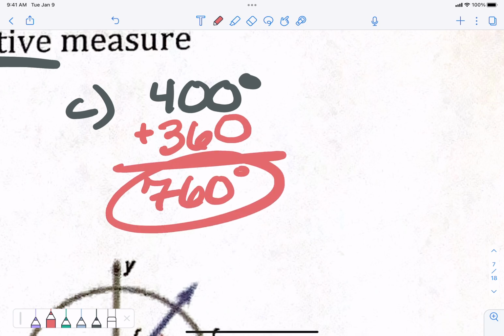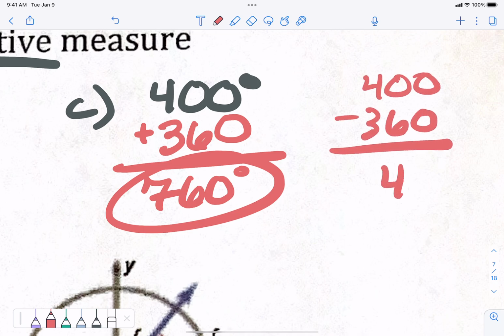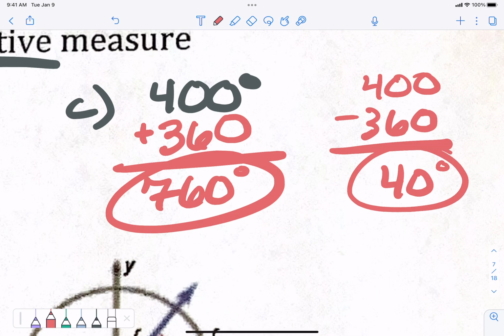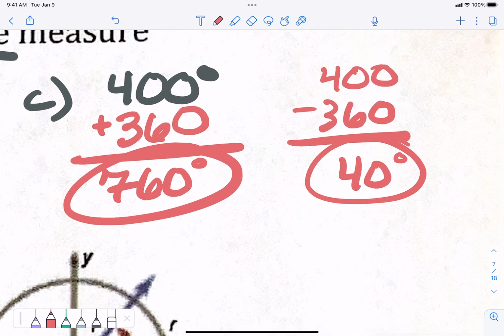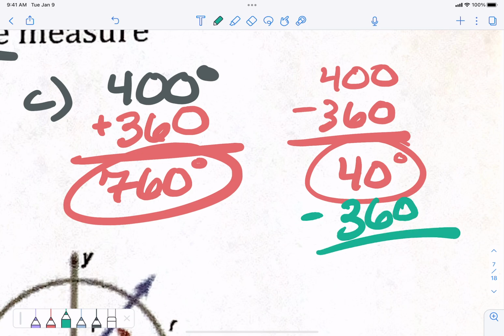And I take 400 and I subtract 360, and I get 40. But the problem is, where's my negative angle? I don't have one yet. Because 400 is larger than 360 to begin with, I have to subtract another 360, which is negative 320 degrees. Does that make sense?